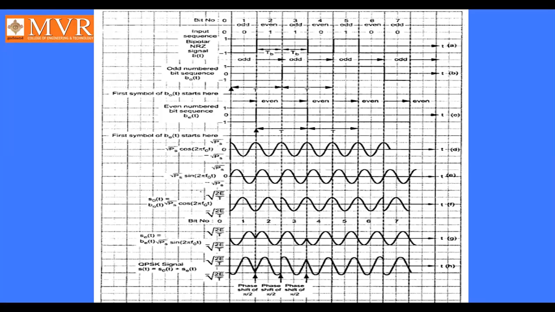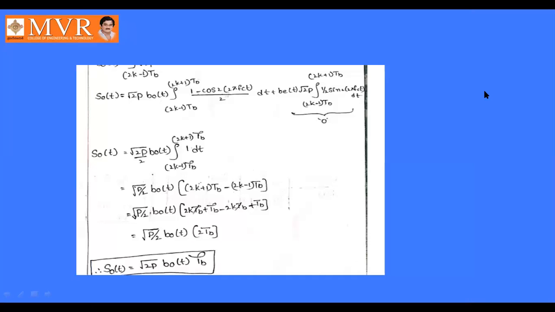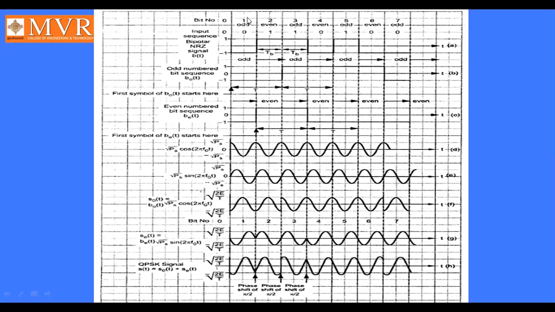So what is the odd number bit sequence? The first one is 0, so I can write down 0 here. This is an odd bit. And the next odd bit is 1.